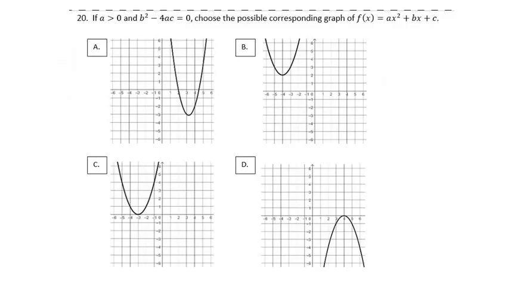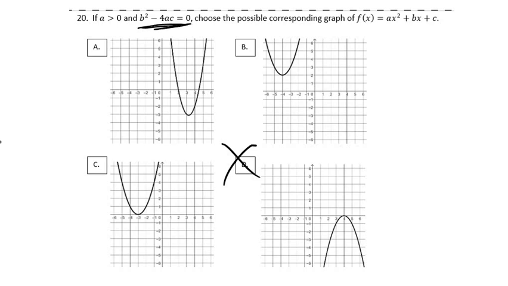And this problem says if a is greater than 0 and b squared minus 4ac equals 0, choose the corresponding graph. Okay, so if a is greater than 0, so a is positive, that means my graph is going to be opening up. So that will eliminate choice D. B squared minus 4ac equals 0.